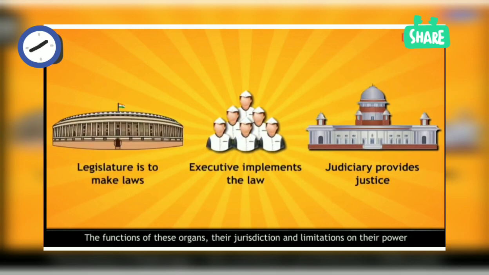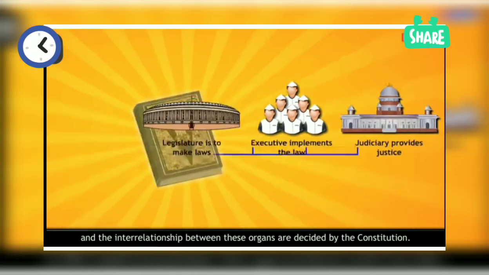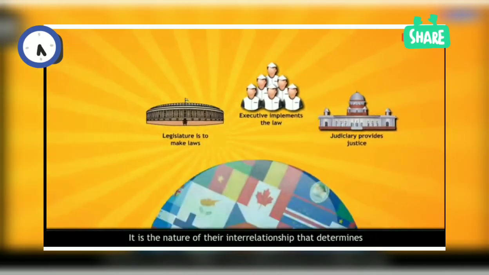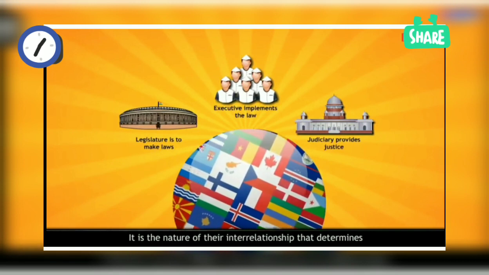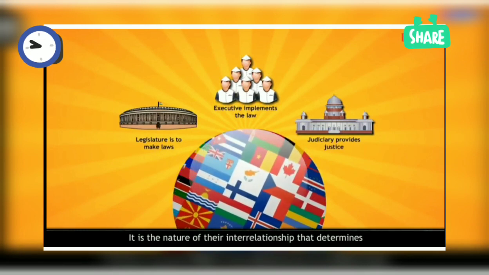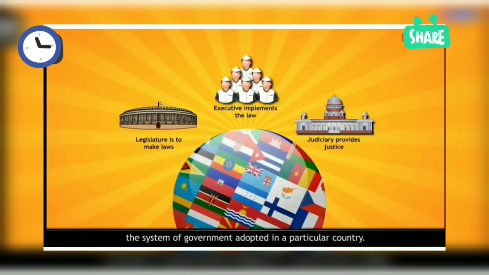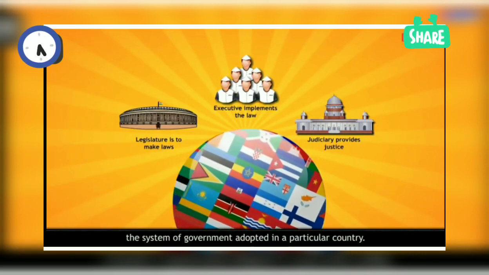And the judiciary, that is the Supreme Court, High Court and District Court, are the people who will give justice. The functions of these organs, legislature, executive and judiciary, are decided by the constitution. It is all written in the constitution how they will work. The work of all three organs is decided by the constitution, and the features of their interrelationship depend upon the system of government adopted in a particular country.